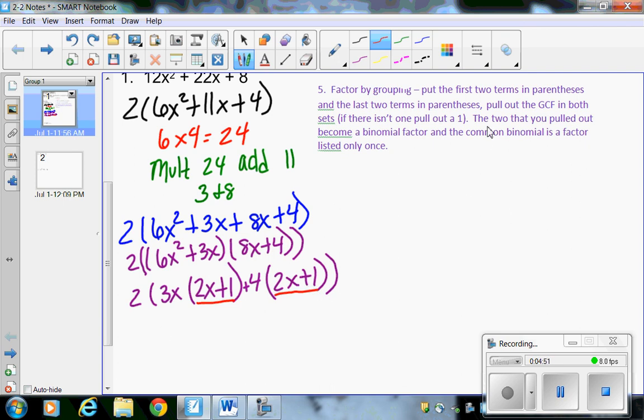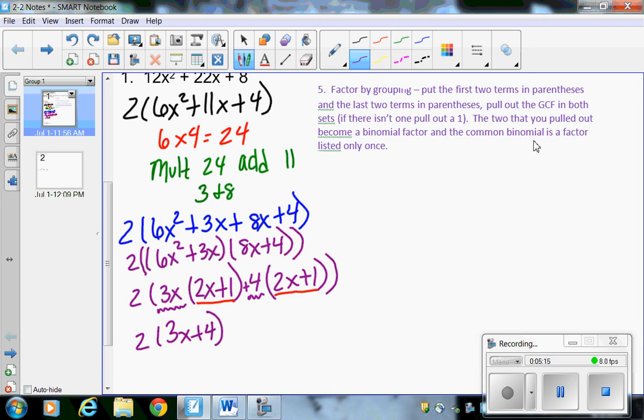So then it says the terms that you pull out become a binomial factor. So I'm going to carry down the 2 that I had before. The 3x I pulled out and the positive 4 I pulled out, that becomes a factor.